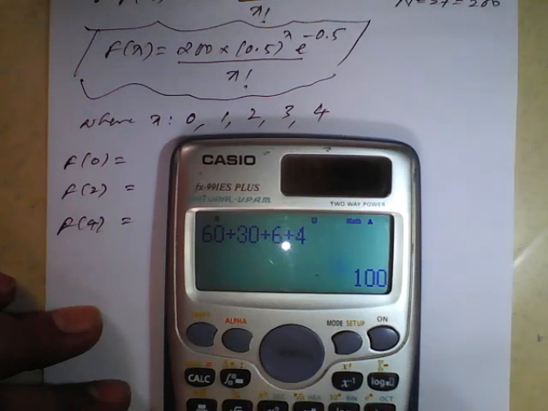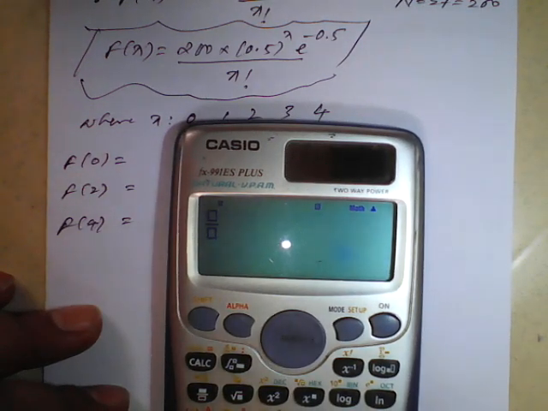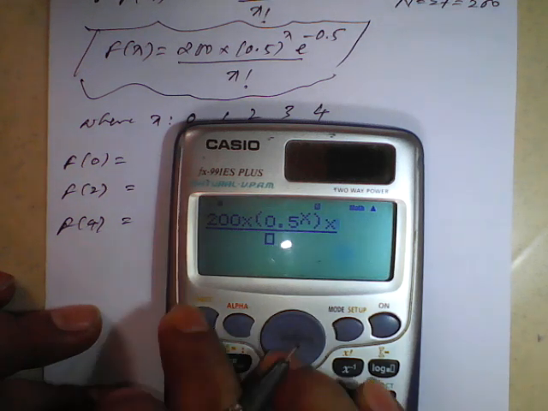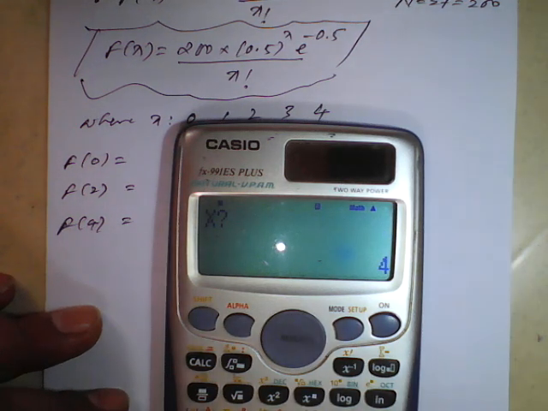Now this formula we will fix in the calculator. So 200 into bracket 0.5 raised to alpha x, close the bracket, into e raised to minus 0.5, divided by alpha x factorial, for which you press shift and you will get the factorial option.